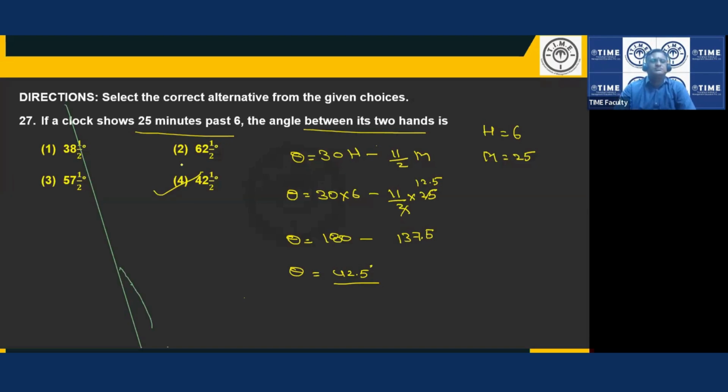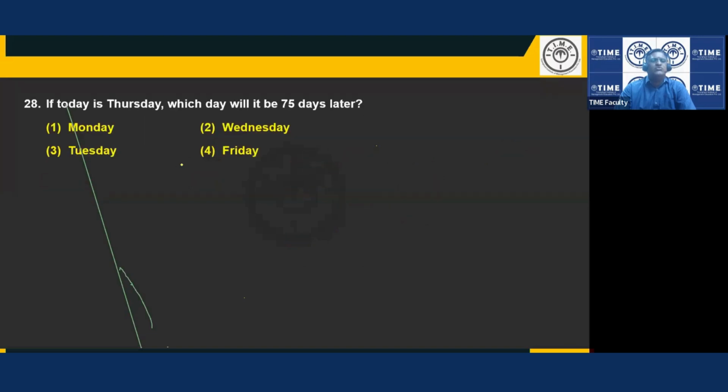Next. If today is Thursday, which day will it be 75 days later? Today is given as Thursday. So the day after 75 days is equal to today plus 75 days.